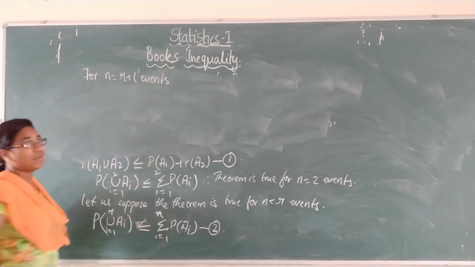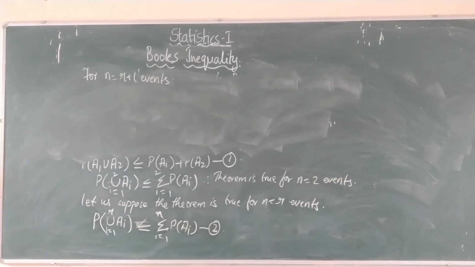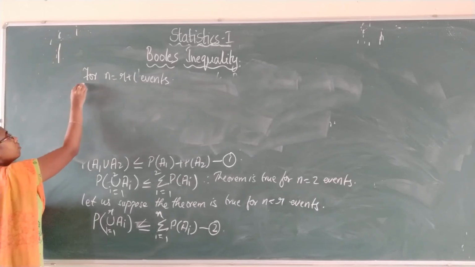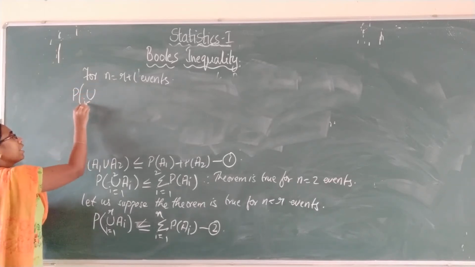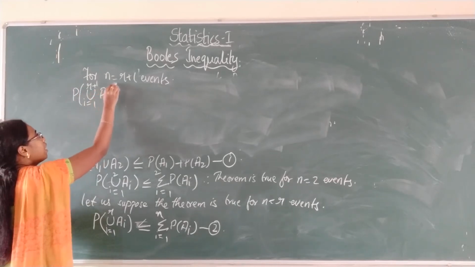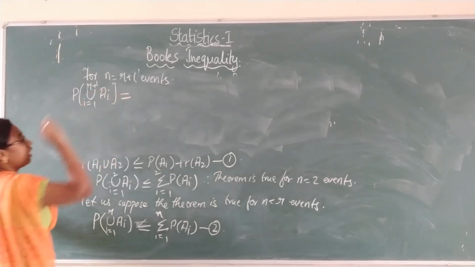So r plus 1 events means here we have a1, a2, a3, and so on up to ar and a(r+1). So consider the term P of union i equals 1 to r plus 1 of Ai.